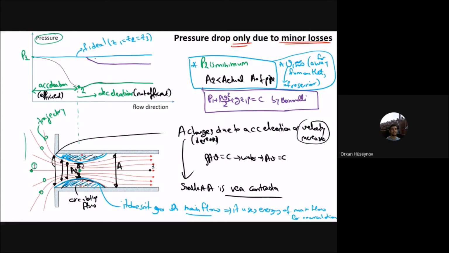It starts to drop after point 2, and this part is the losses. That loss is equal to K_L, the loss coefficient, times V squared by 2g.